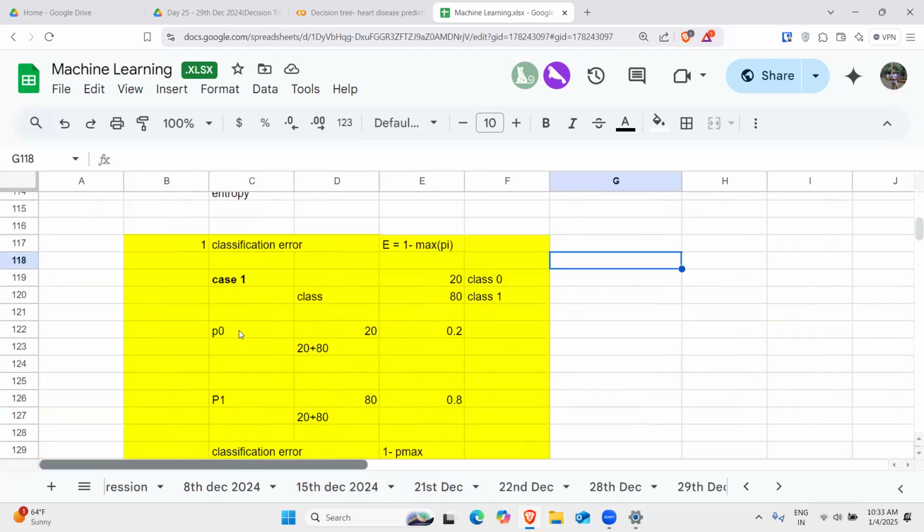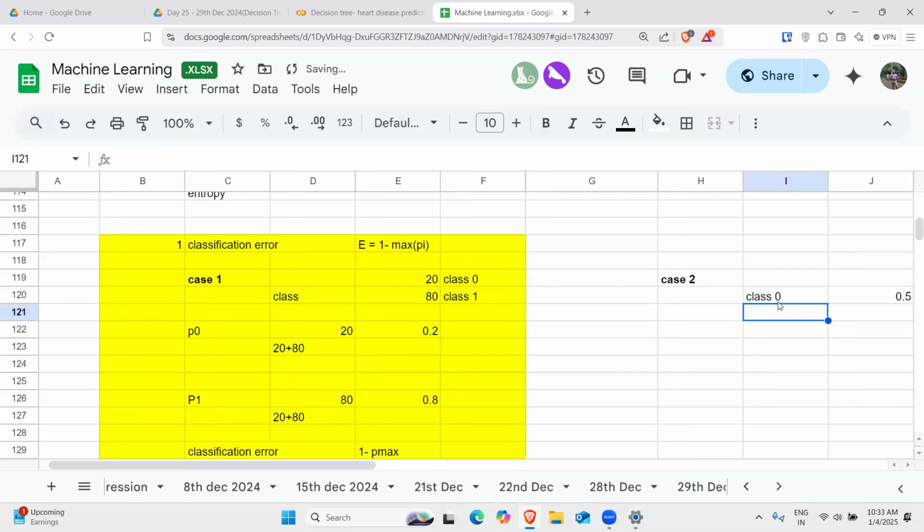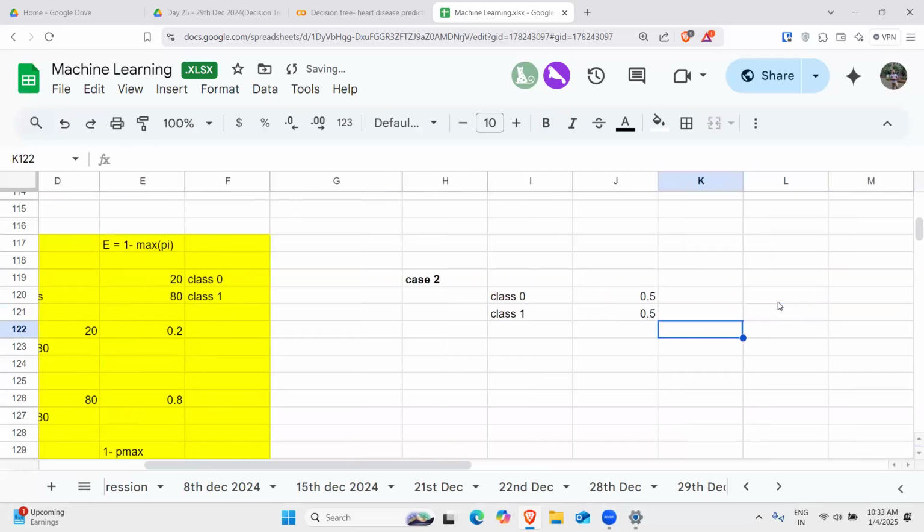What was case number one? 0.8 and 0.2, that is your 80-20 split, which is quite homogeneous. But what if I have a case where my class 0 is 0.5 and my class 1 is also 0.5? So my probability of 0 becomes 0.5, probability of 1 becomes 0.5.